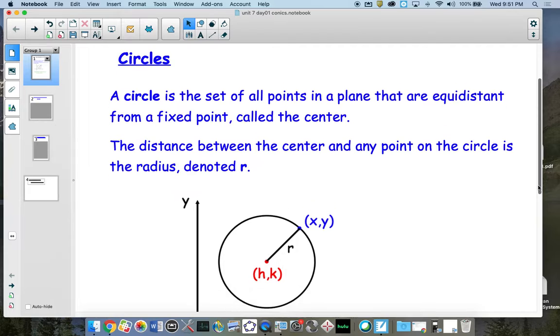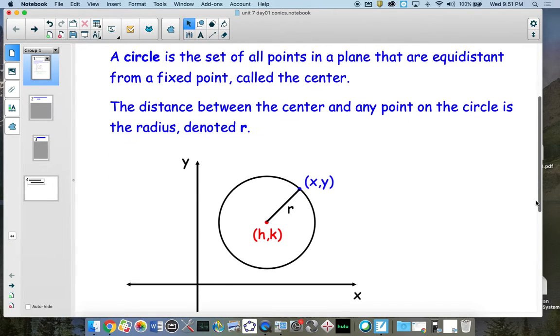So if we put it in the xy coordinate system, then we'll let the center of the circle have the coordinates h comma k, and then any point on the circle we'll call x comma y. So we could set up an equation using the distance formula between those 2 points.